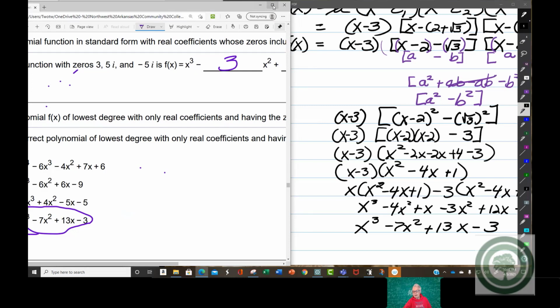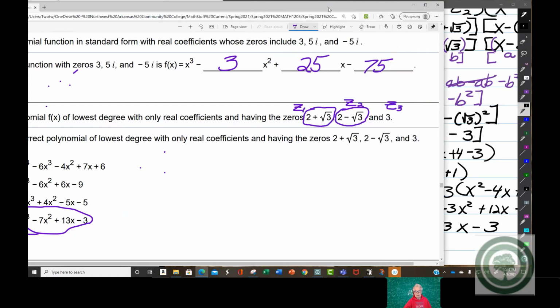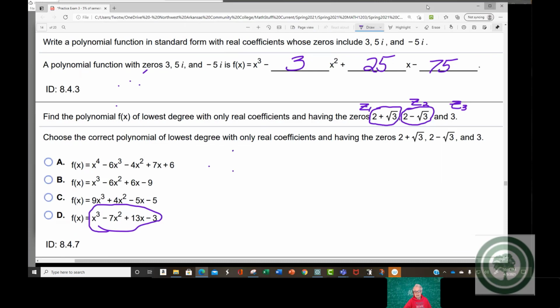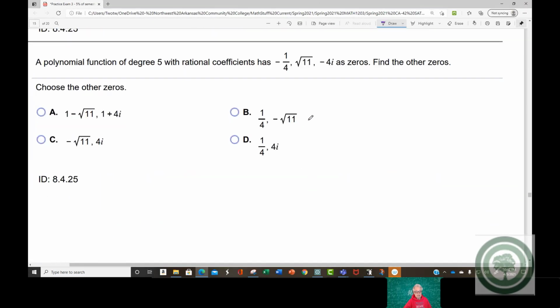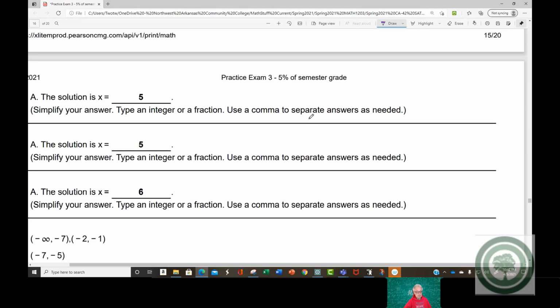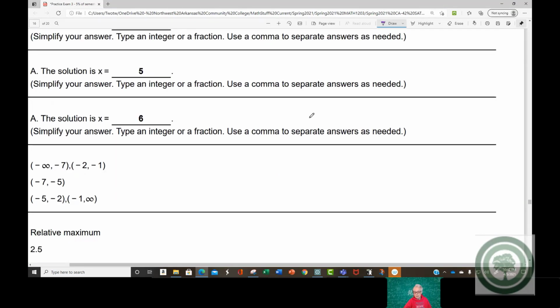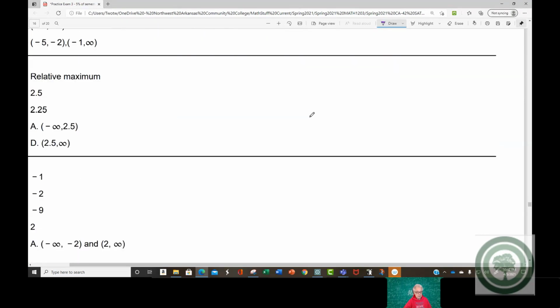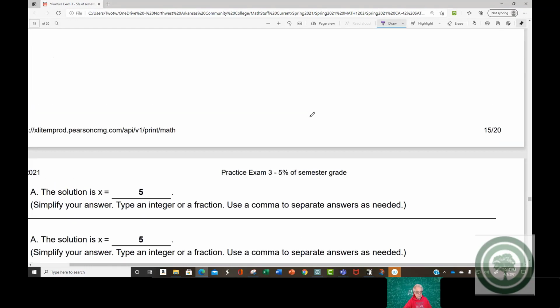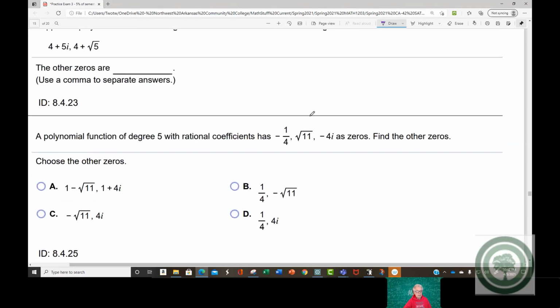Okay, go take a 5-minute break. Just enough to get up and move around a little bit. And then we're going to wrap this up. My goodness!